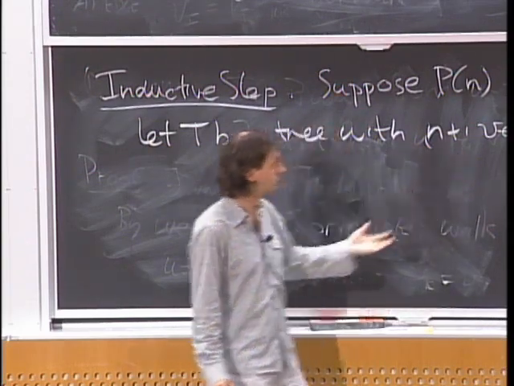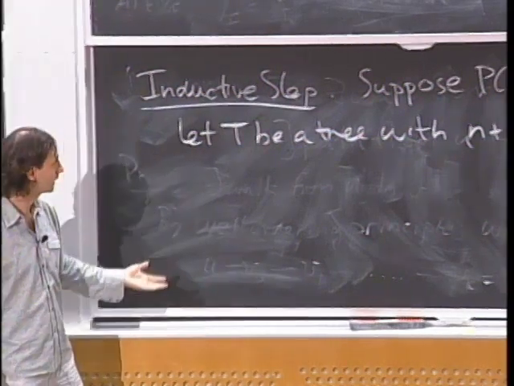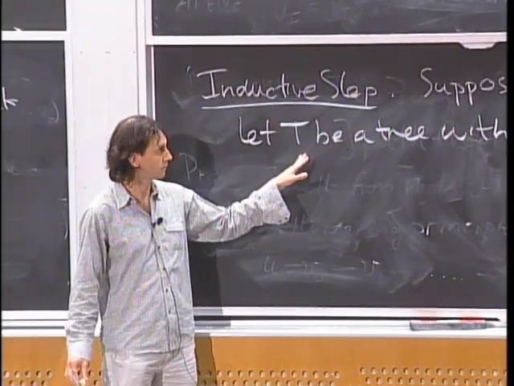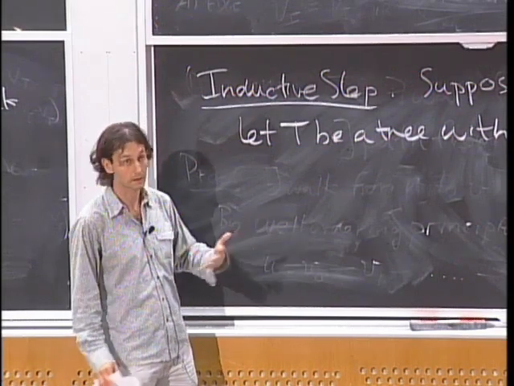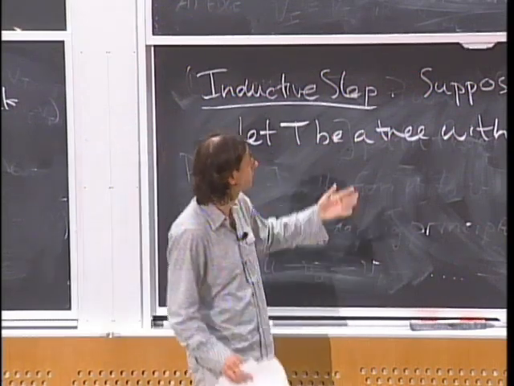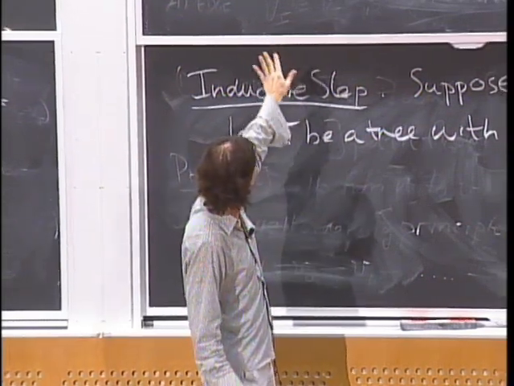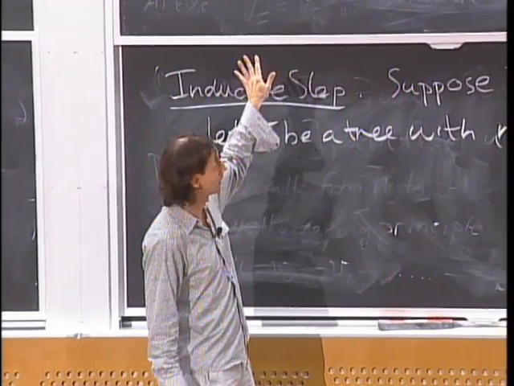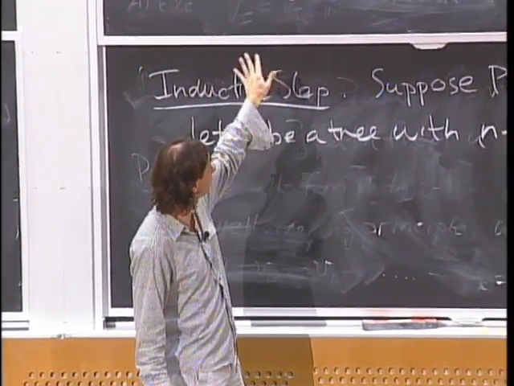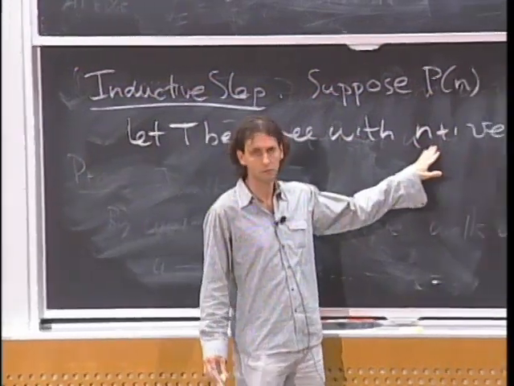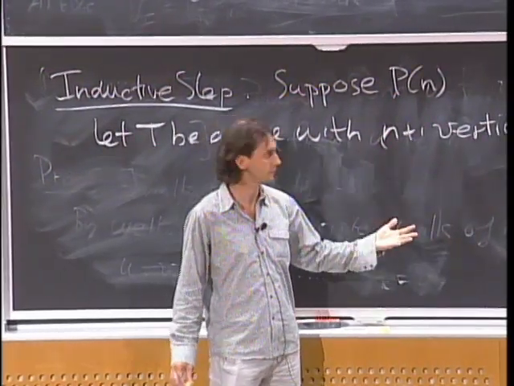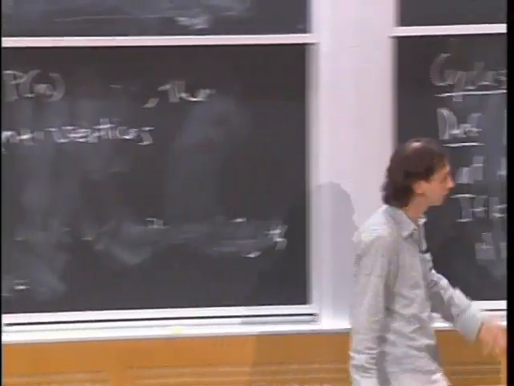So what kind of vertex can I delete in such a way that we still have a tree? And I need that because this induction hypothesis can only be applied to trees.